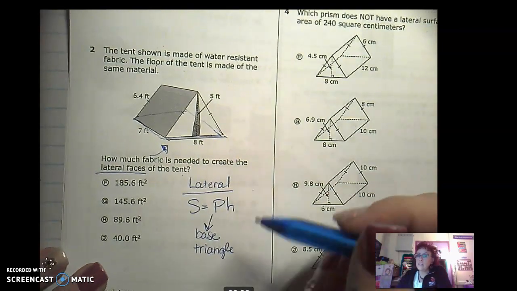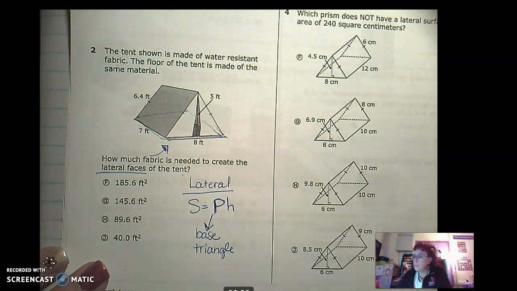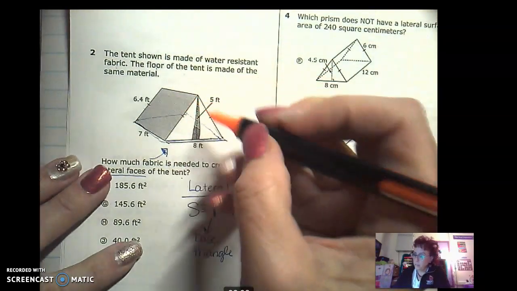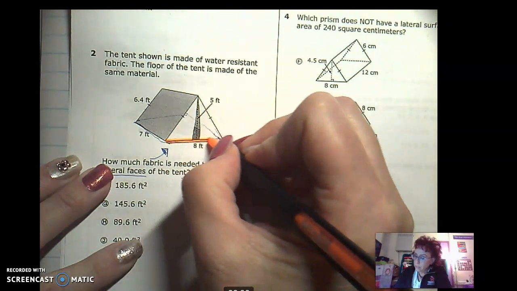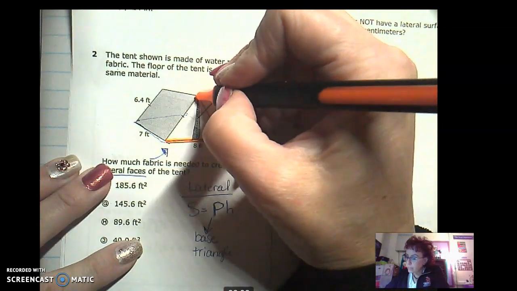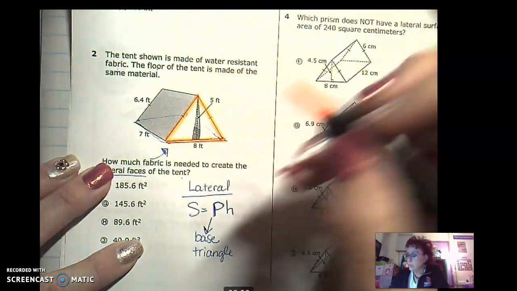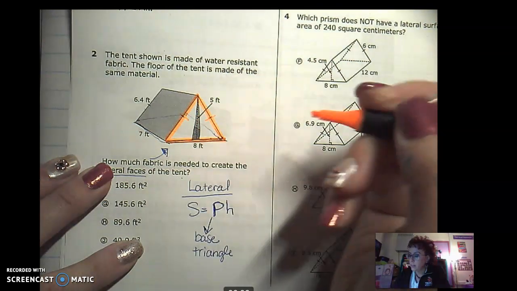So what we're going to do is, this is the perimeter of the base. So to find perimeter, we're just going to add the side lengths together. There you go. So we've got 8 feet. Oh, we've got these two sides over here. They don't have any markings. Well, no, they do. They have markings here and here, but how long are they?